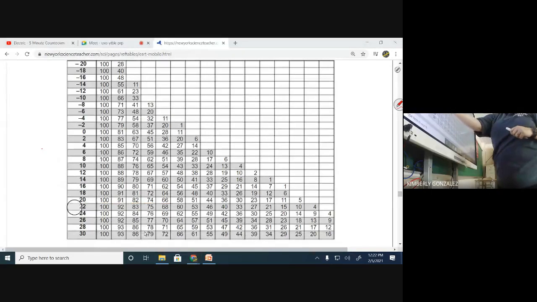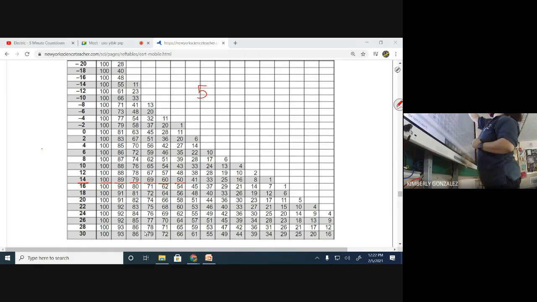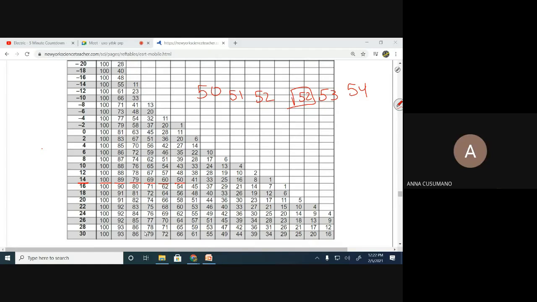So it's 15 and 5, so it's 0, 1, 2, 3, 4, 5. So it's between 50 and 54, right? If I have 50 and I need to get to 54, what's going to be right in the middle? Well, let's write it out: 51, 52, 53. So 52 is your answer. What's directly in the middle? Thank you. No problem.